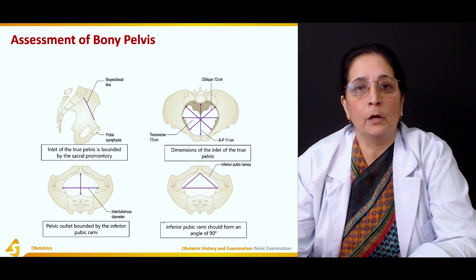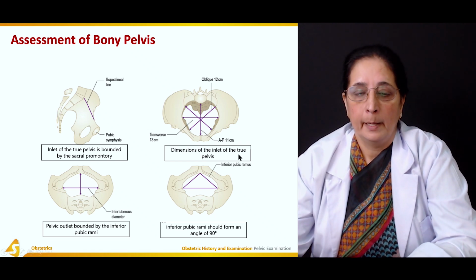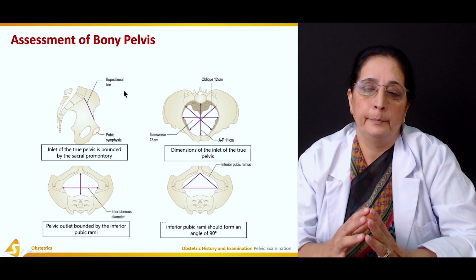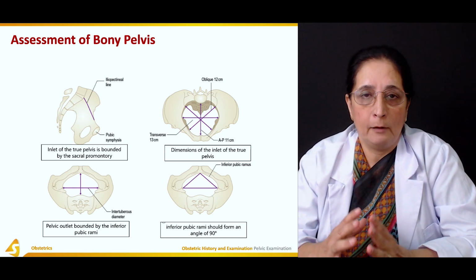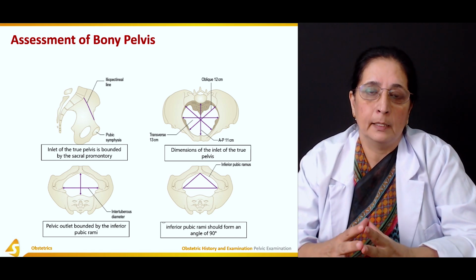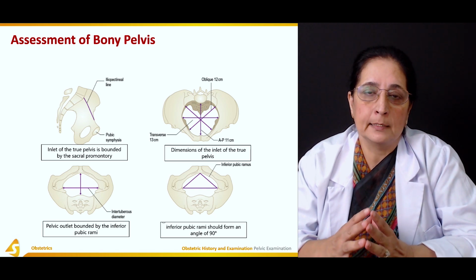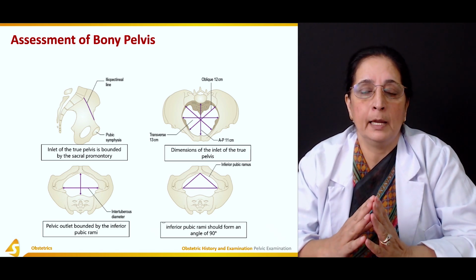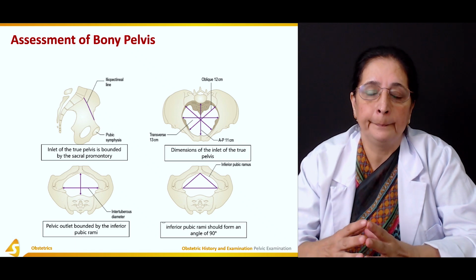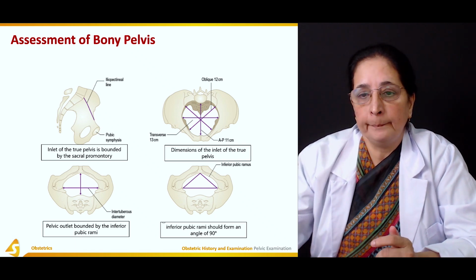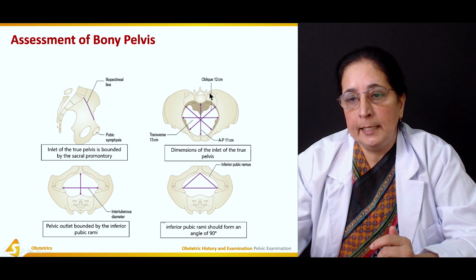Next, assessment of the bony pelvis. The pelvis is made up of the pelvic bones. We have 3 bones that make up the pelvis: the ilium, the ischium, and the pubic bone. The big bone is the ilium.